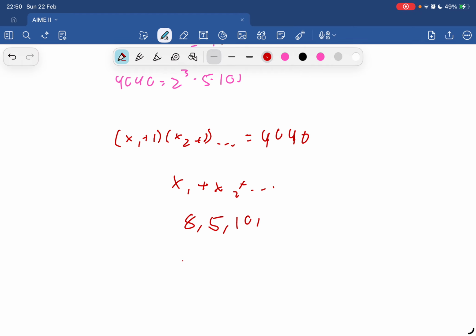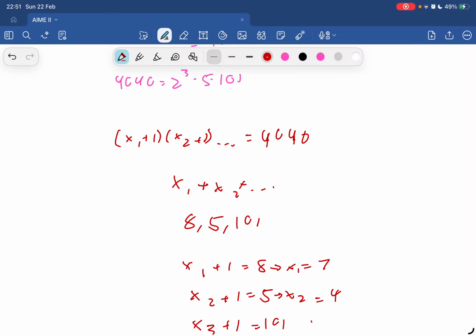Now, x1 plus 1 equals 8, so x1 will equal 7. x2 plus 1 equals 5, so x2 equals 4. x3 plus 1 equals 101, so x3 will equal 100. Now, total elements are 7 plus 4 plus 100, which is 111, the least possible value, right?